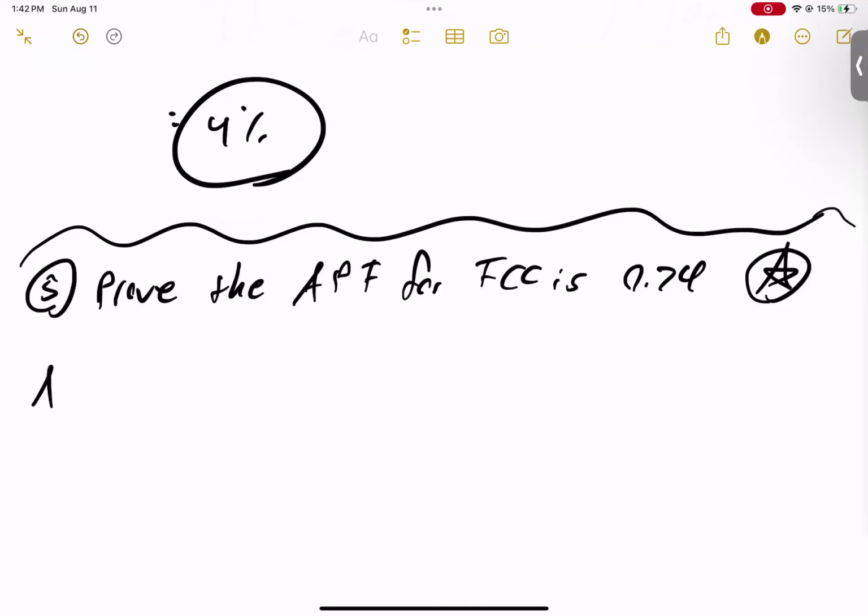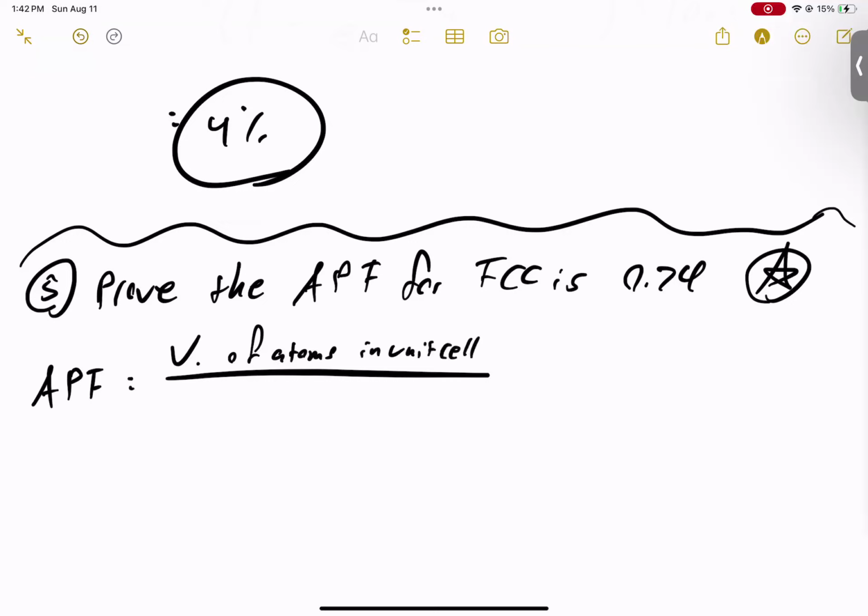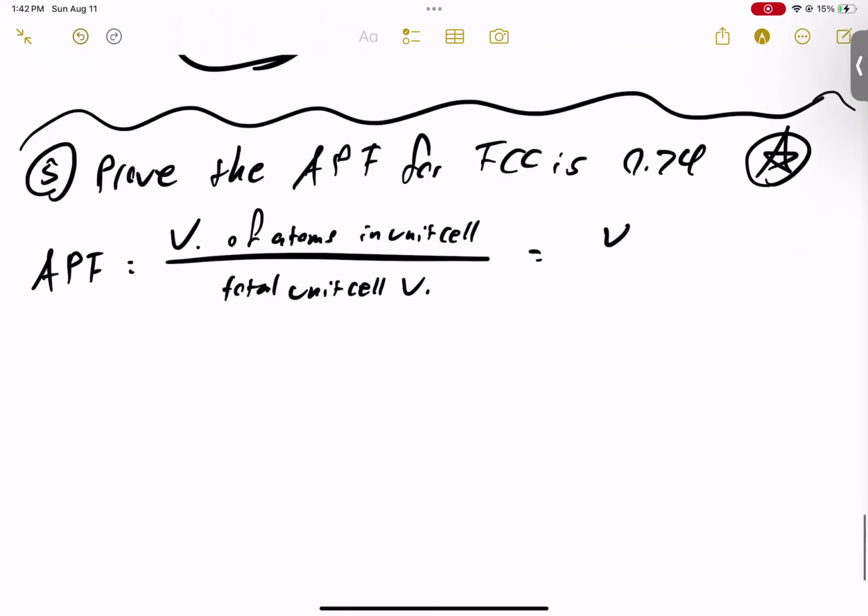If we go back to the original equation, the atomic packing factor is essentially the volume of atoms in the unit cell over the total unit cell volume, which I'll abbreviate with V. I'm going to rewrite this as Vs over Vc.